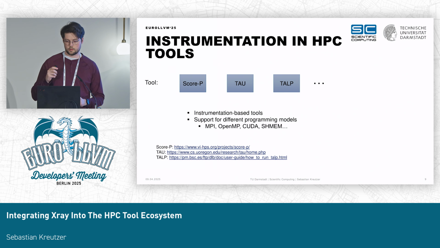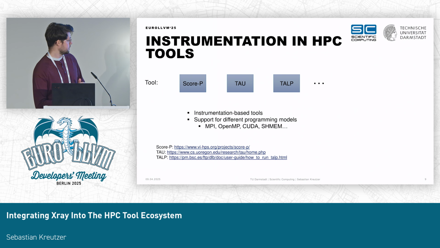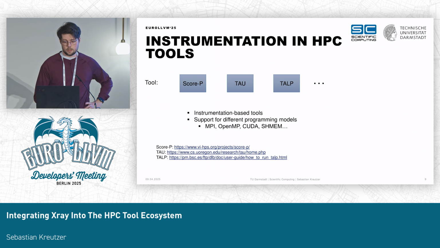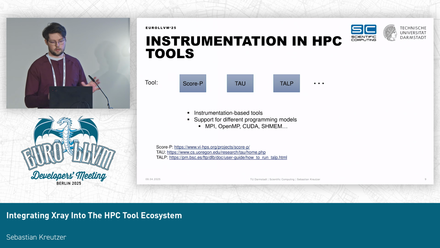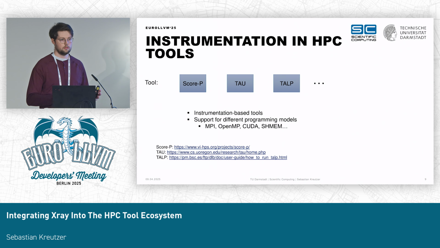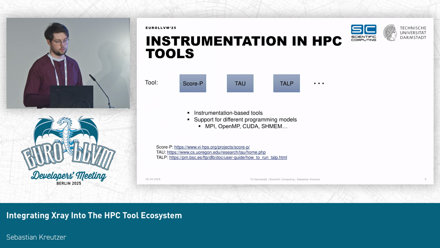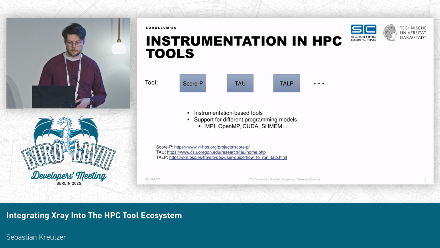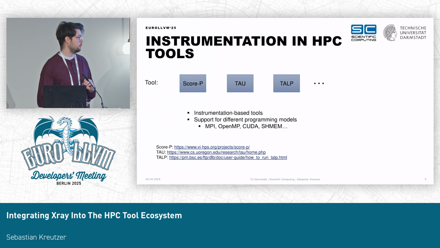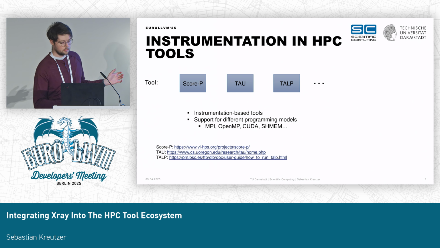Now let's talk a little bit about HPC performance tools. I want to take a step back and look at how established tools handle instrumentation in different cases. For that, I've selected a couple of representative tools.